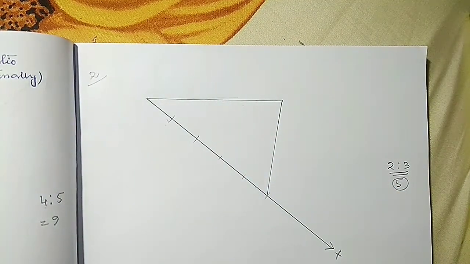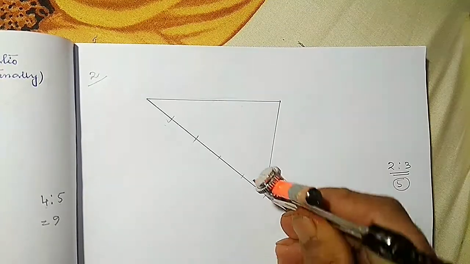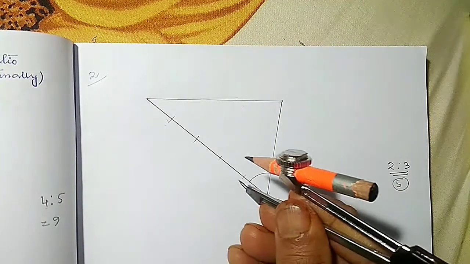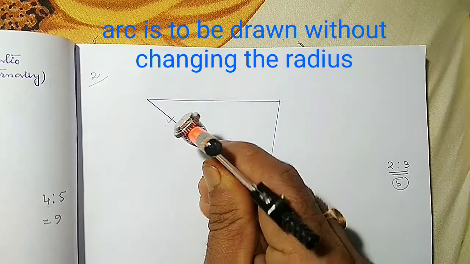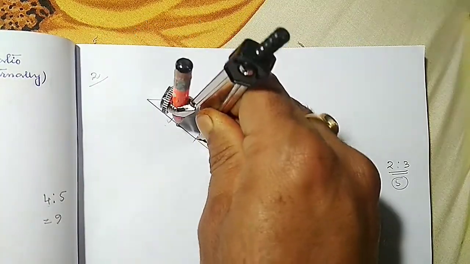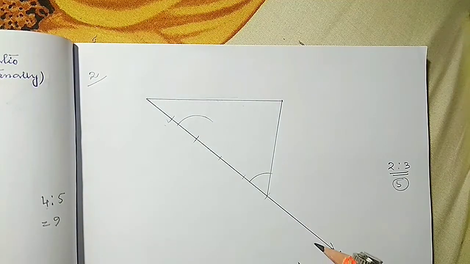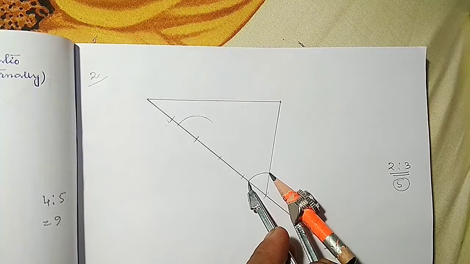Now after joining, we have to draw an arc here. Without changing the compass, we have to draw another arc from the second position, as it is given, it is 2:3. So in the second position, we have to draw the arc. Now, we have to measure from this point up to this much.